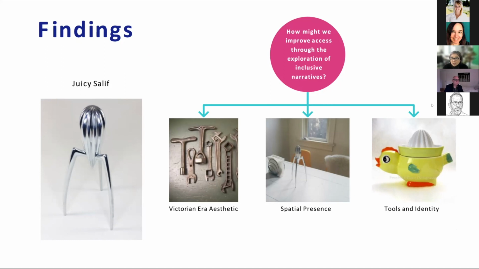Another narrative, represented in the photos here, the one with the Juicy Salif on the table, talks about how the participants were really conscious of the object's spatial presence, in terms of its negative space and its positive space and where it fits in a person's environment.